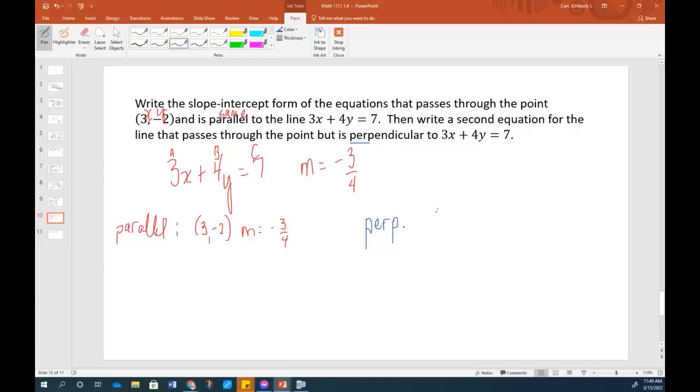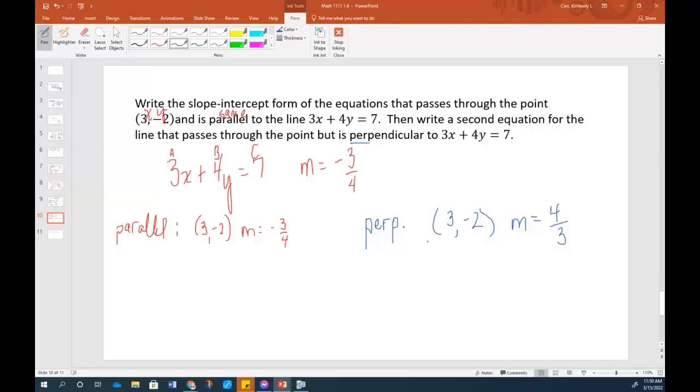The perpendicular, I still have the point to use 3, -2. But for the slope of this one, I need to use the negative reciprocal, which means change the sign. This was -3/4, I'll have to make it positive, and flip it over. So I have a different slope to use over here.